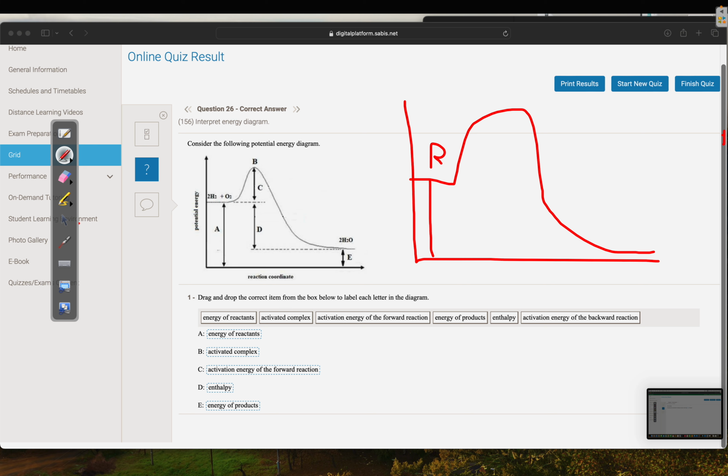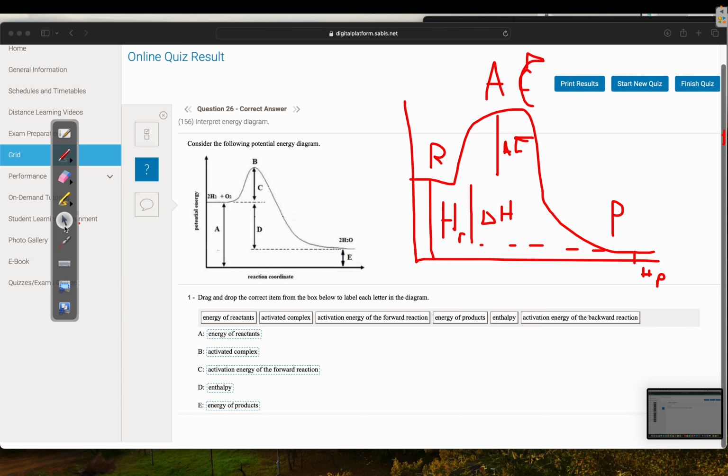Reactants, heat of reactants, HR, activated complex up here, and then here, wait, no, it's AC here, then here is activation energy, here is product, here is heat of product, and here is the delta H, or change in heat or enthalpy.